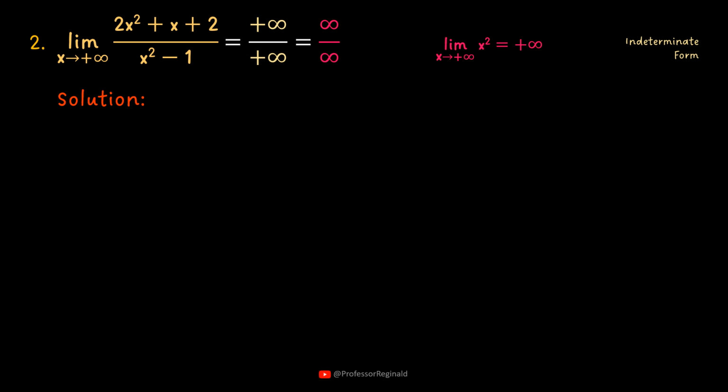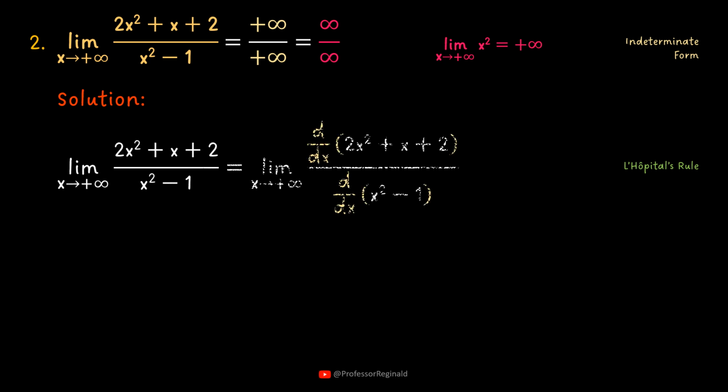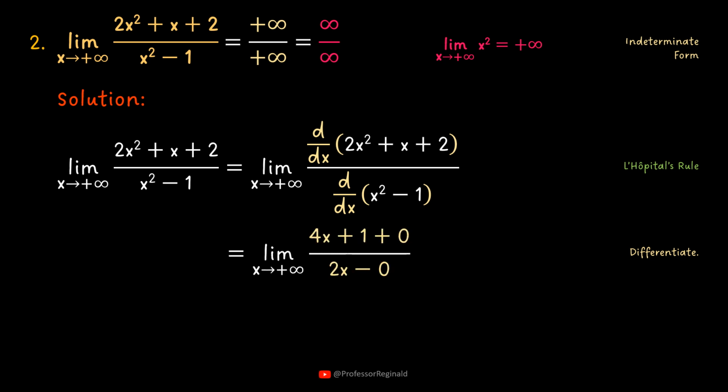To compute the actual limit, apply L'Hopital's rule. Differentiate the numerator and the denominator separately, and then simplify.